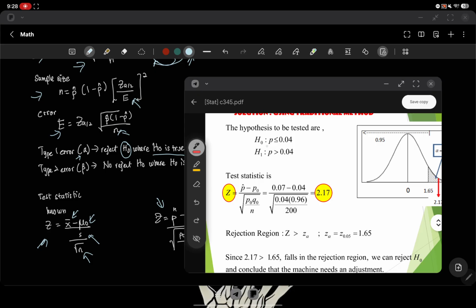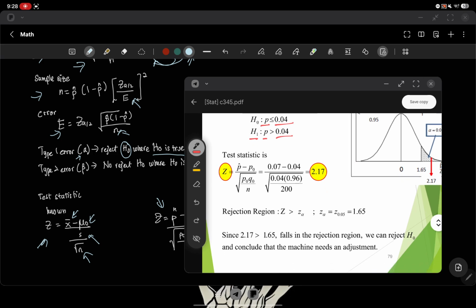Now, our hypothesis is saying that P should be less than 4%, the estimated proportion of failure, but our written argument H1 means that the proportion of defective is more than 0.04. So did we win? The alpha for us was 0.05, meaning alpha over 2 is 0.025, which is 1.65.